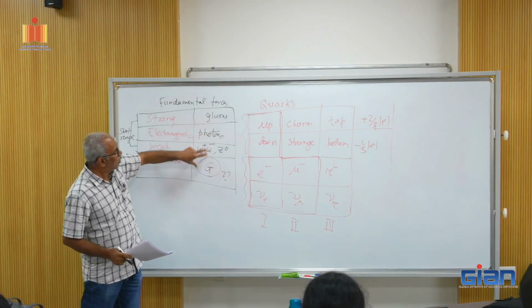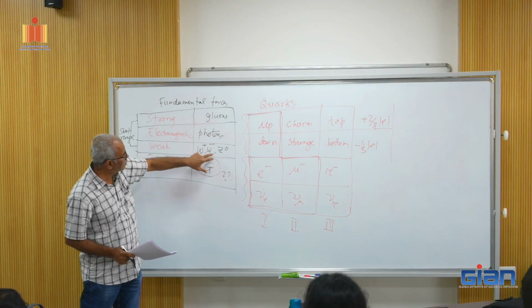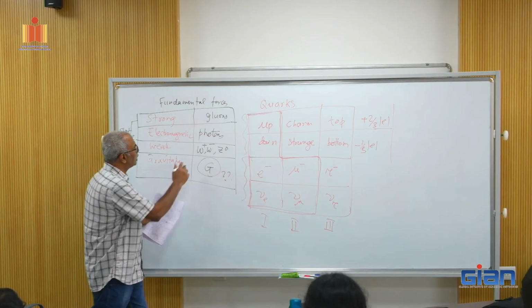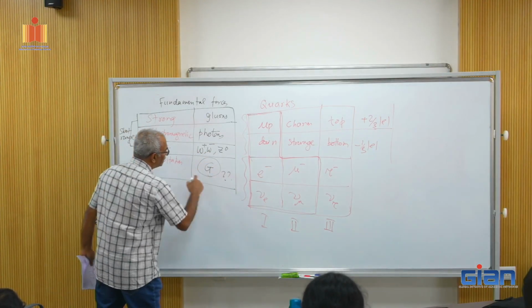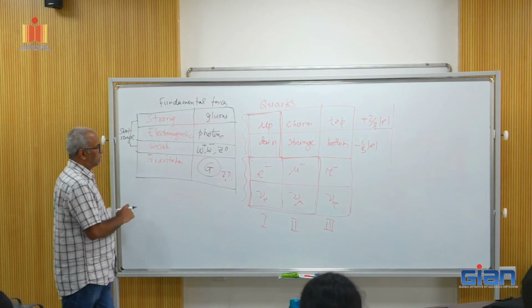We know everything about gluons, photons, and weak bosons. These are called weak bosons, but this hypothetical particle, the so-called graviton, is not yet identified.